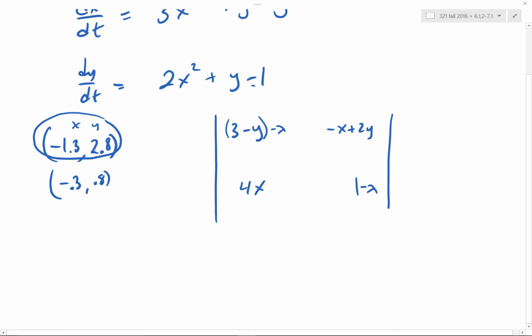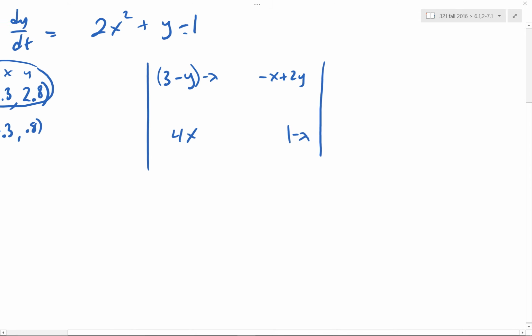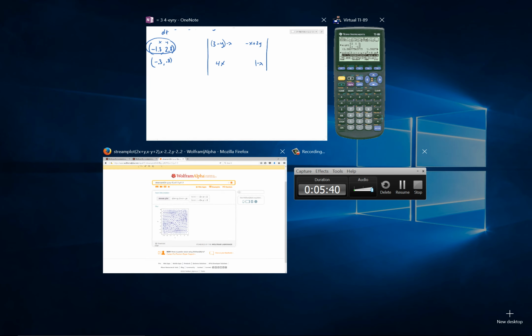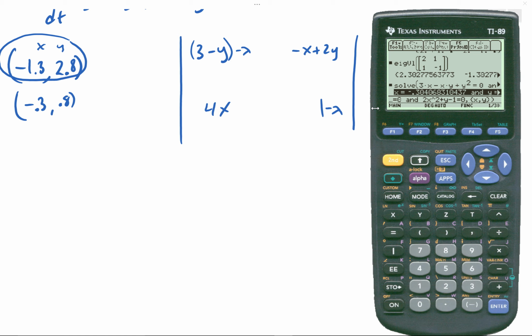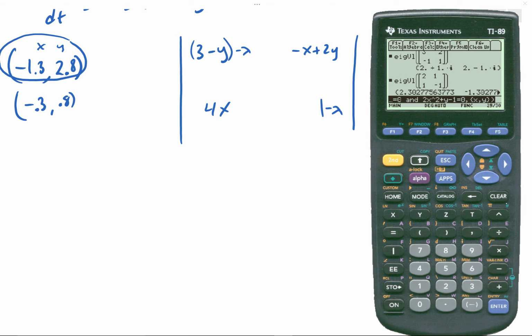Nice. Now, again, I'm a little lazy, so what I'm going to do is the following. Okay, I'm going to make myself a new matrix, and I'm going to put it in just like this. I'm going to do 3 minus y minus, I'm going to put z in for my lambda, okay? Now, there's a reason why I'm doing that. I'll show you why in a minute.